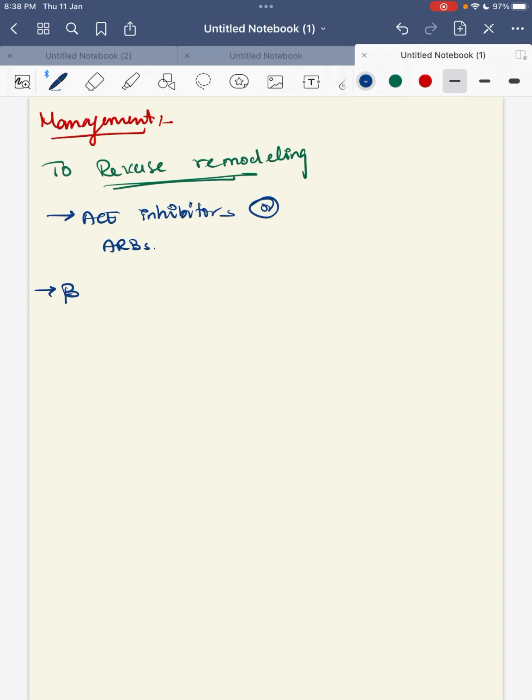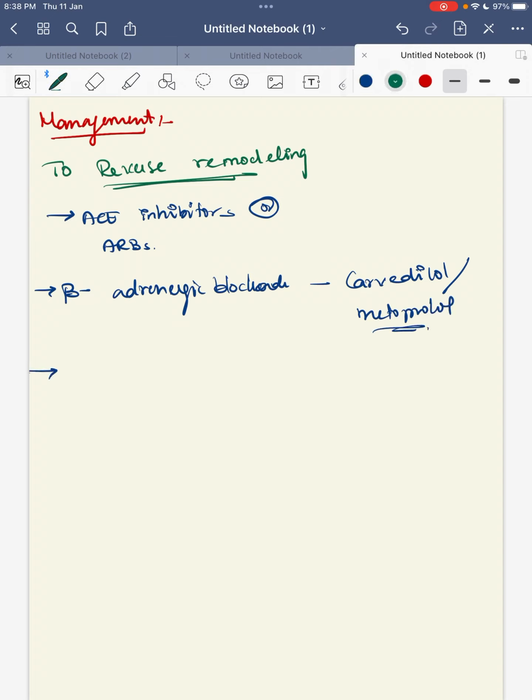Okay. Next, other drugs are beta adrenergic blockers. So beta adrenergic blockers, you can use carvedilol or metoprolol. Okay.